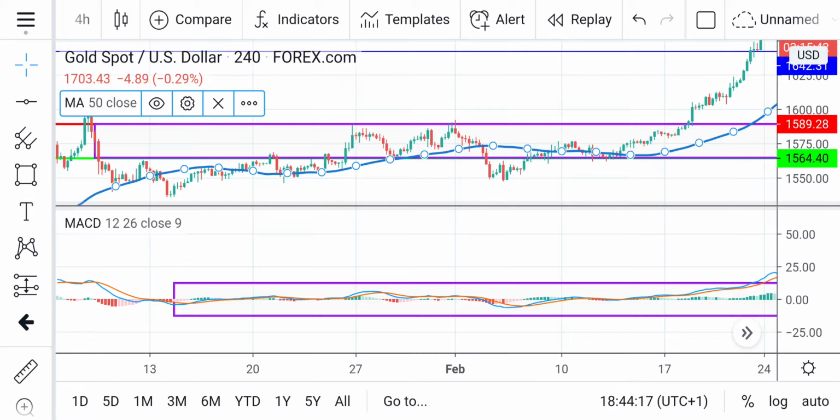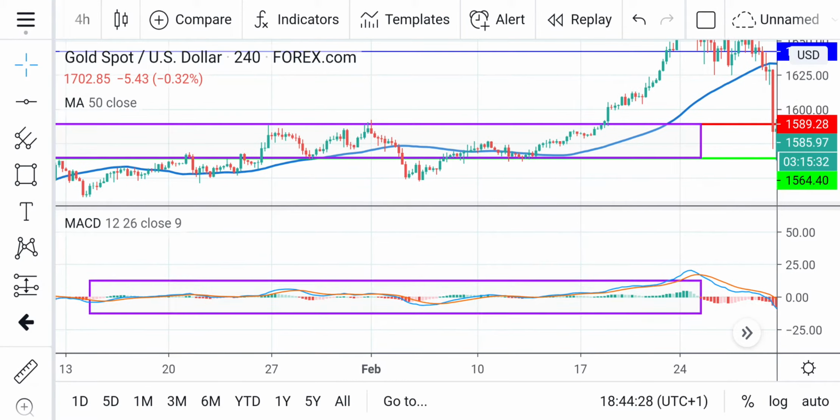It has to break either support or resistance for me to take a trading position. So when you see volatility contracting over support and resistance, you don't actually know where it's going to break out. But what you do is that you trade in the direction of the breakout.